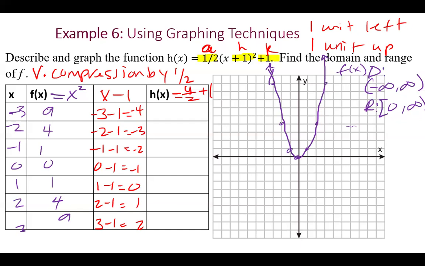So let's talk our way through this. So let's start here with 9. So currently I'm at 9. I'm cutting 9 in half and adding 1. Does that make sense? So we have 9 divided by 2 plus 1. What is its new home? It's now going to be at 5.5. Agree? We have 4 divided by 2 plus 1.